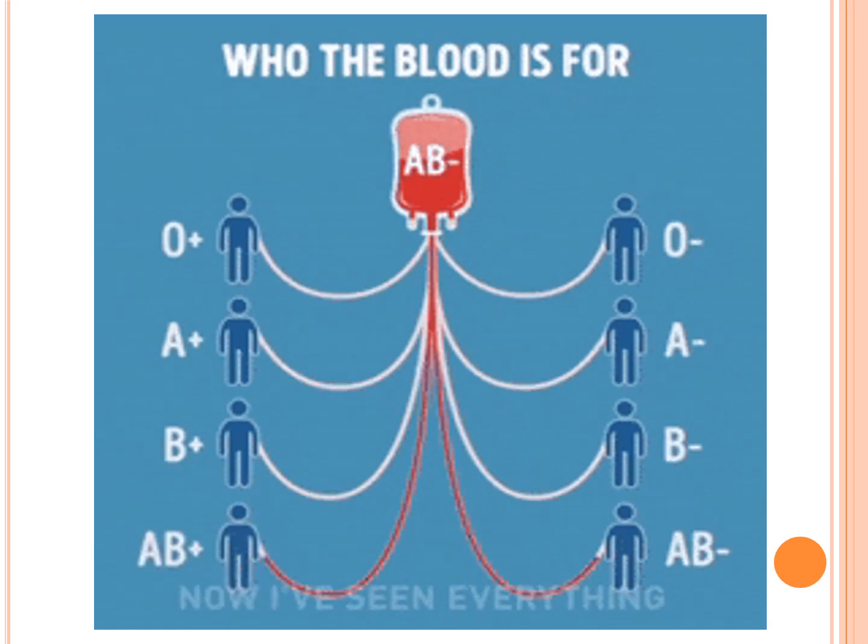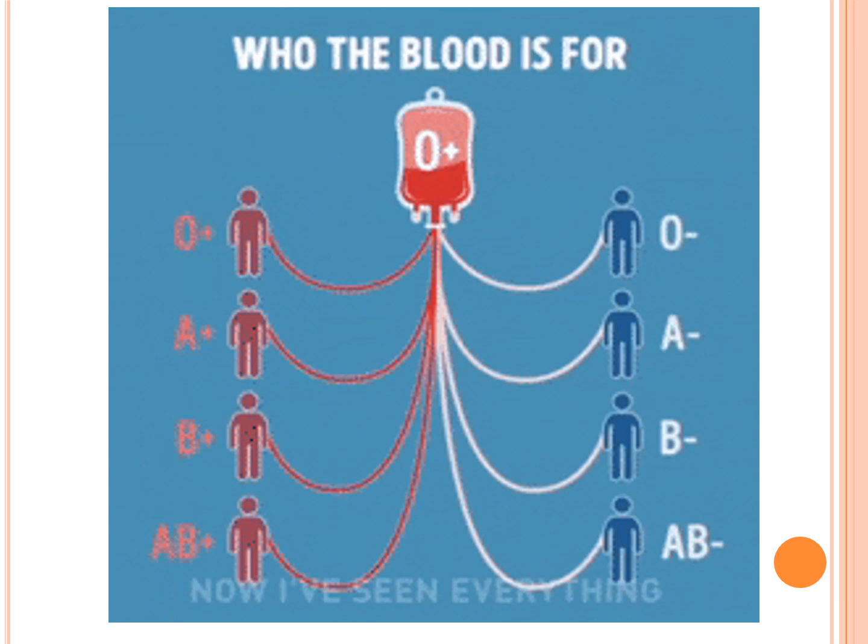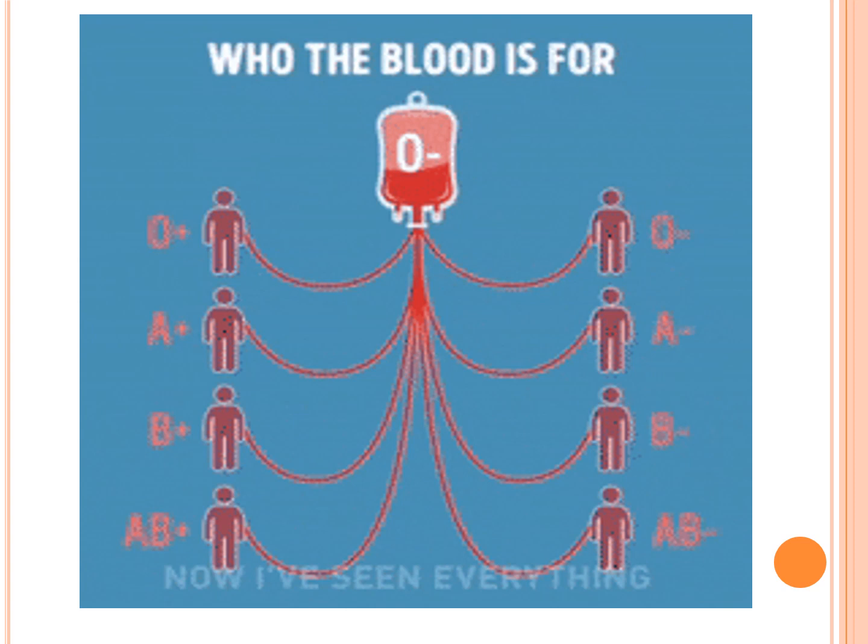If he is AB negative, he can give it to AB positive and AB negative. O positive can give blood to O positive, A positive, B positive, AB positive. And O negative can give blood to everybody of any blood group.